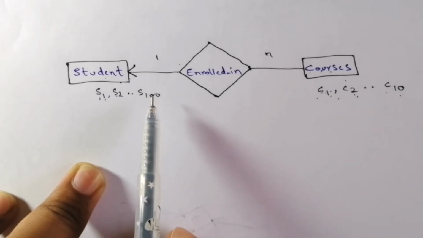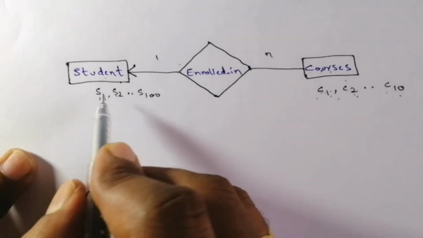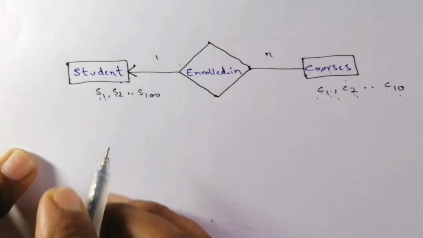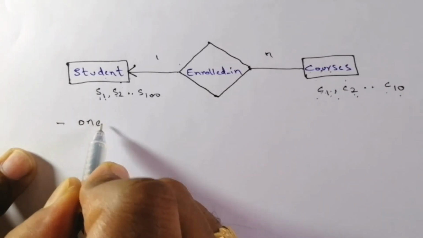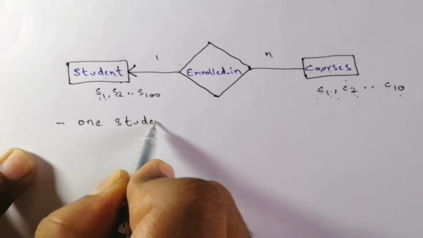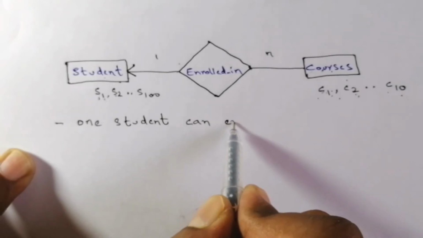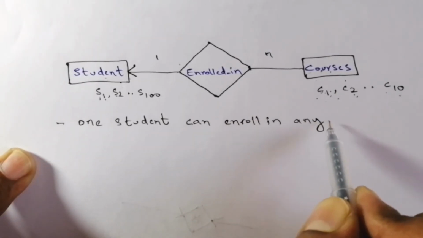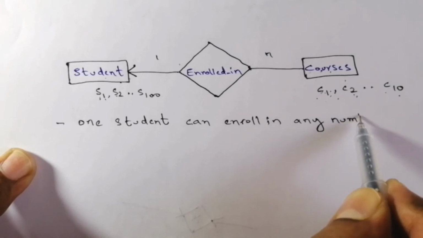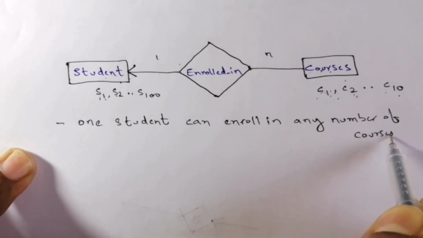So what we came to know from this ER diagram is, one student can enroll in any number of courses, right? This is the first, 1 to n.